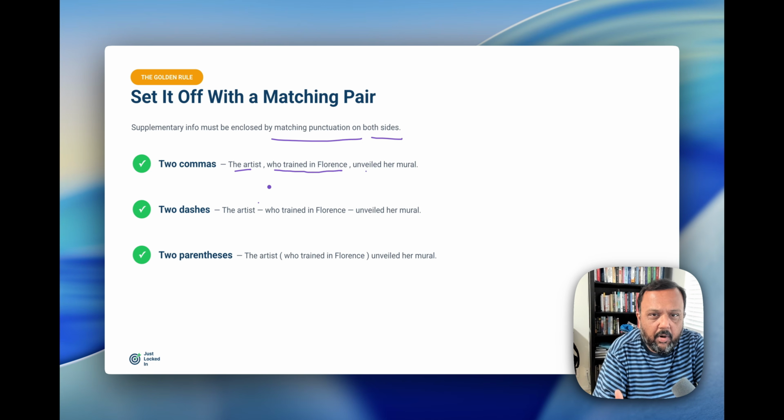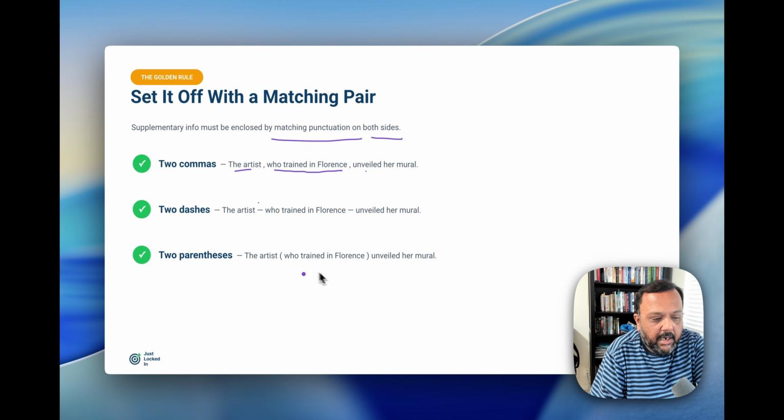And if you want to provide more context, then instead of providing that context elsewhere in a separate sentence, you place that context right where that sentence would benefit from it. So you localize that context. For example, in this particular sentence, it may be useful to know that this artist who unveiled the mural was actually trained in Florence.